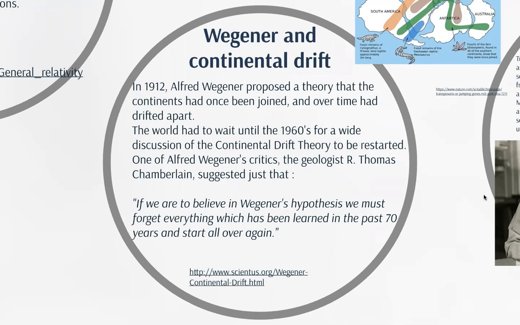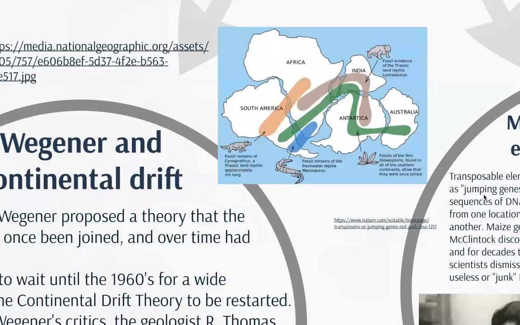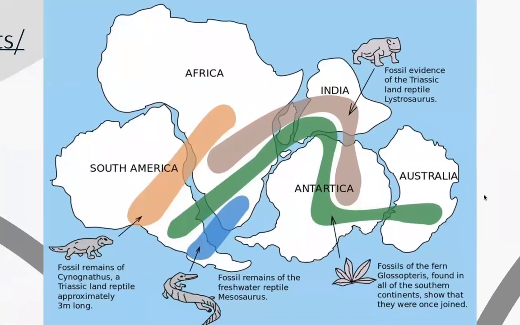Wegener, I think by trade, was a biologist, and so he based a lot of his theory on fossil evidence. One of the things we often teach in about year 9 is that one of the big pieces of evidence for continental drift comes from fossils. South Africa and South America share common fossils.